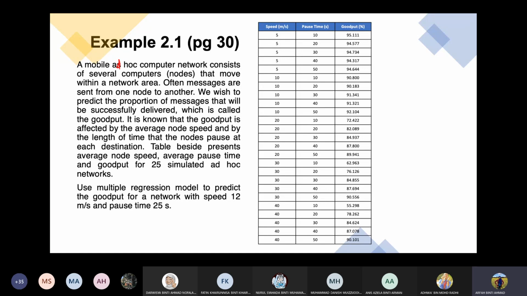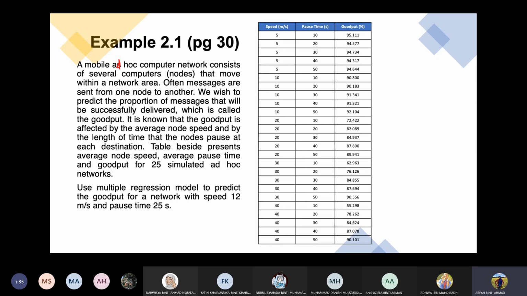A mobile ad hoc computer network consists of several computer nodes that move within a network area. Often, messages are sent from one node to another. We wish to predict the proportion of messages that will be successfully delivered, which is called the good put. So it is known that the good put is affected by the average node speed and by the length of time that the node pass at each destination.